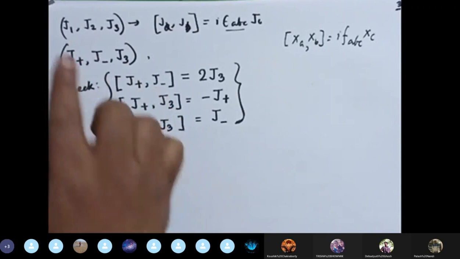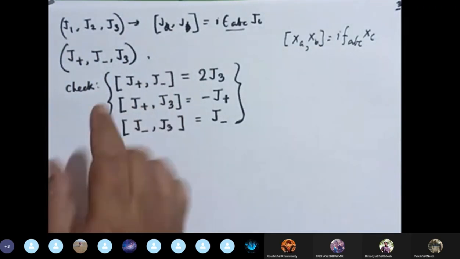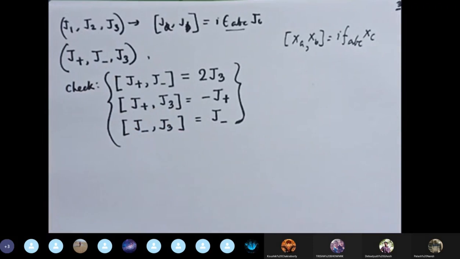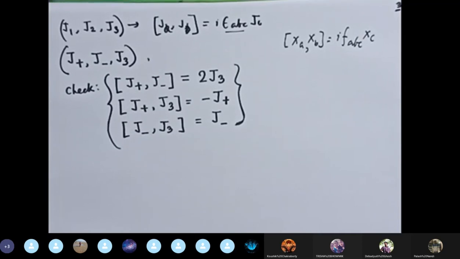You can choose a different set of linearly independent matrices out of the linear combinations of these. You can always choose that. Even in two-dimensional space, instead of choosing the 2 cross 2 traceless Hermitian matrices as Pauli matrices, you could have chosen three linear combinations of them, and choose the coefficients in such a way that they become linearly independent.